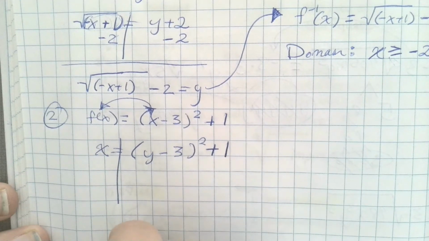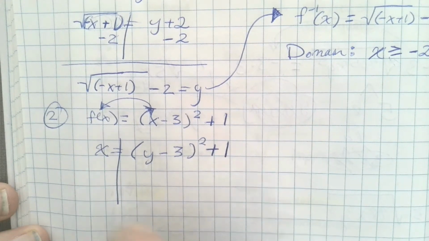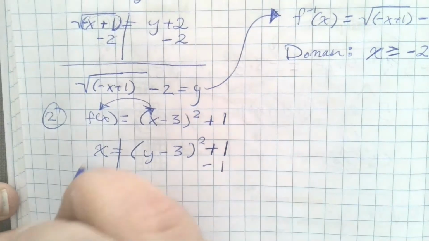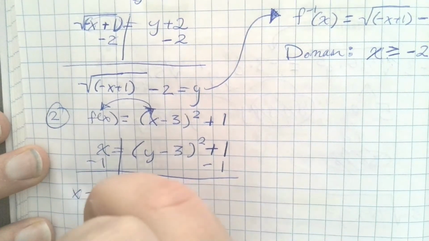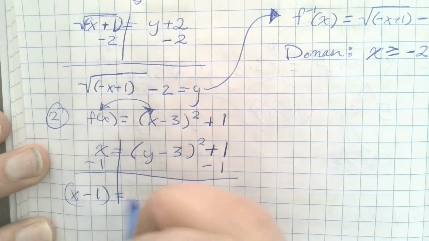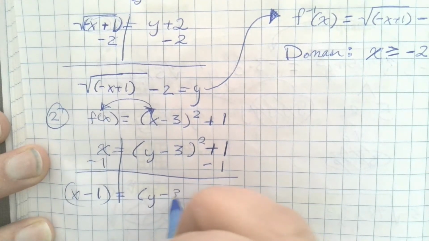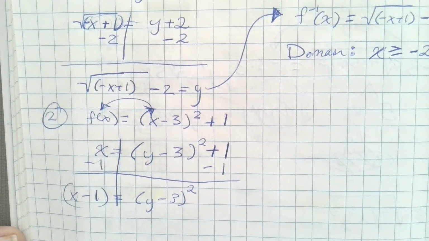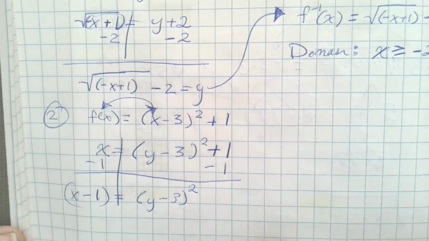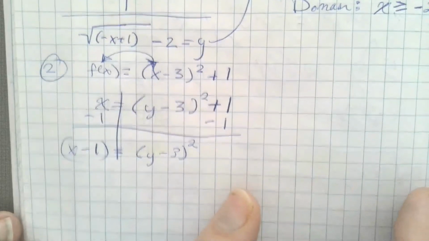The 1. How do I move it? Yep, subtract 1 from both sides. How do we get rid of a square? Square root it.